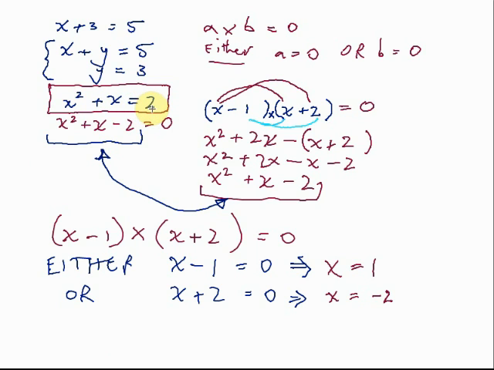We want to make it equal to 0, so we want to take away 2 from each side. That gives us on the left hand side, x squared plus x minus 2 equals 2 minus 2, which is 0. And then we want to use this to try to find two numbers, each involving x, which when multiplied together will give us the 0.